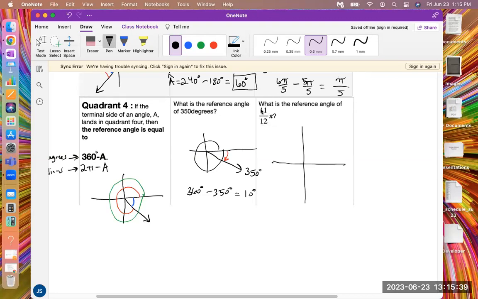I look at 11 over 12, and 11 over 12 is less than 1. It's not one full pizza, it's 1 piece missing from a pizza. So that means this is less than 1 pi, which means this is 1 full pie and this would be less than a full pie. So this is actually in quadrant 2.